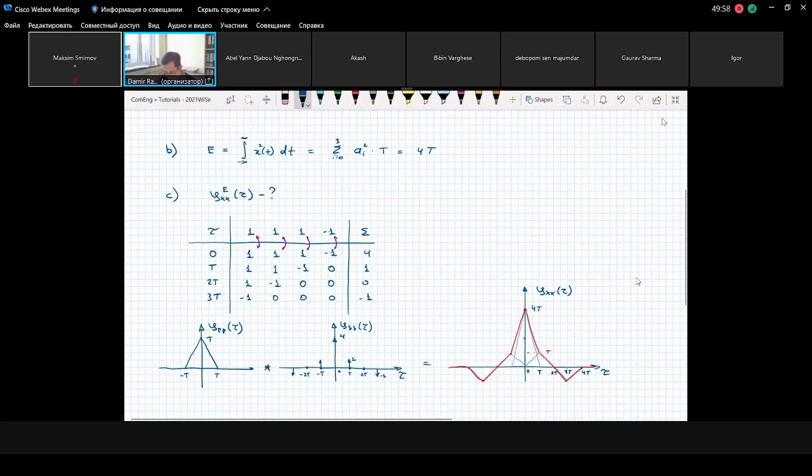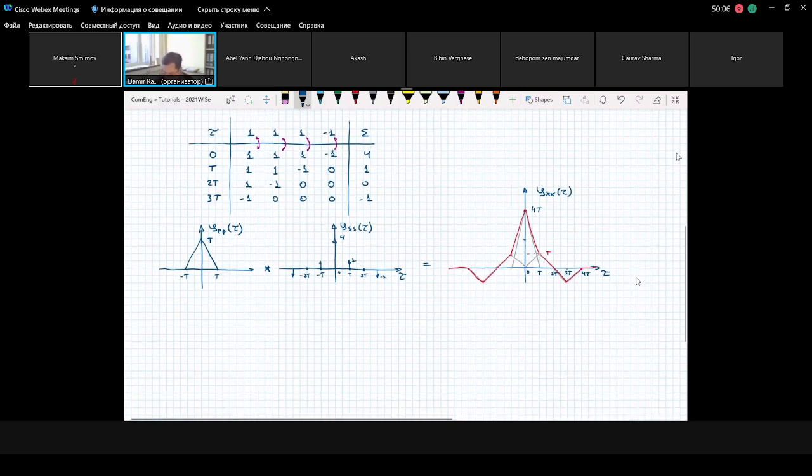So then we assume that our signal x of t is transmitted periodically. And the periodic signal can be written as y_p of t.